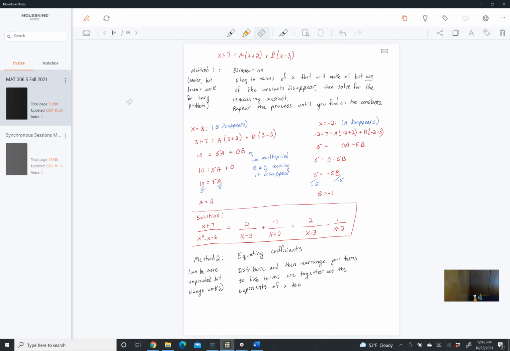In other words, you are in standard form. Then what you can do, and this is where the equating coefficients comes in, is you're going to set the coefficients on the left equal to the corresponding coefficients on the right. And I realize that a lot of this makes no sense because you haven't seen it. So it will make sense in a second.